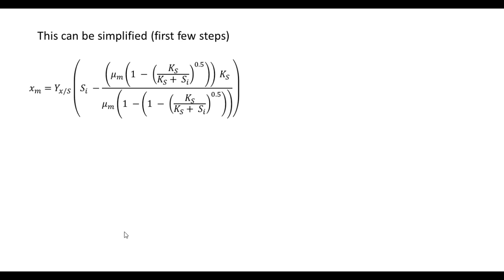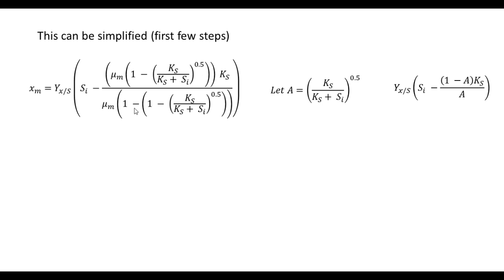This can be simplified. The first few steps are shown here. This is the starting expression, and for simplicity, I take a to represent Ks by Ks plus Si to the power of 0.5. I am showing these steps because I can quickly show them to you, not like the other derivations which would take a long time. And therefore, you could write this as just the right hand side alone. I am taking a look at Yxs Si minus 1 minus a into Ks divided by 1 divided by this.